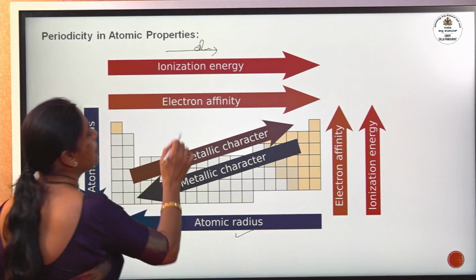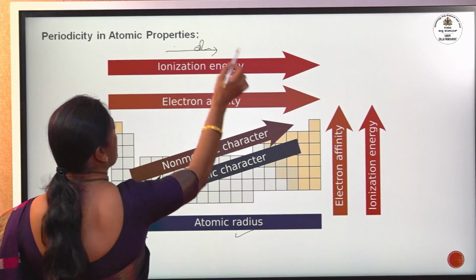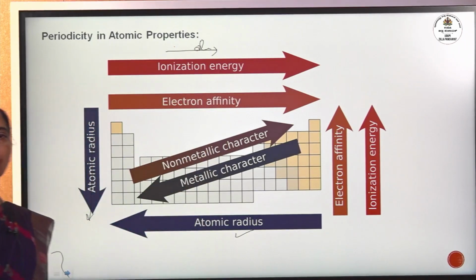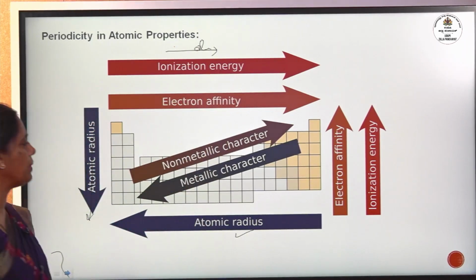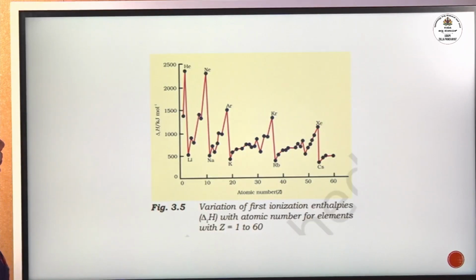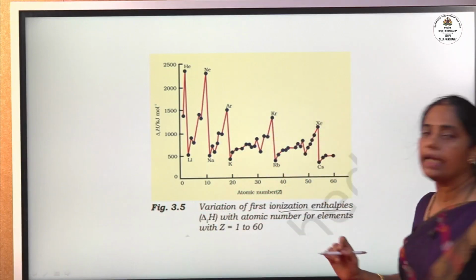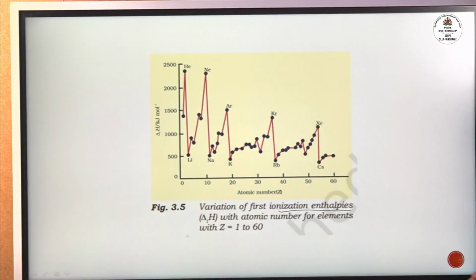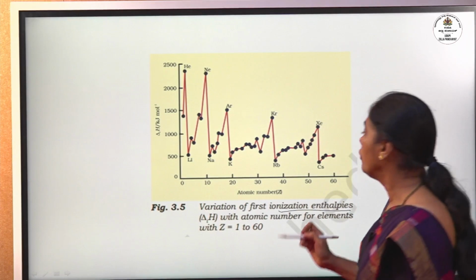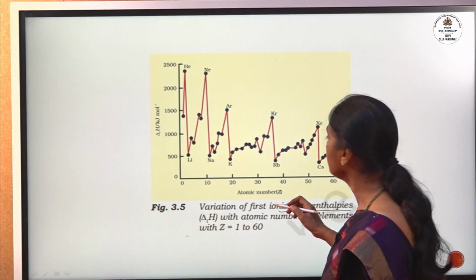All other properties increase from left to right and decrease on moving from top to bottom in a group. Now, ionization enthalpy. The energy required to remove the outermost electron from a gaseous atom is known as ionization enthalpy.